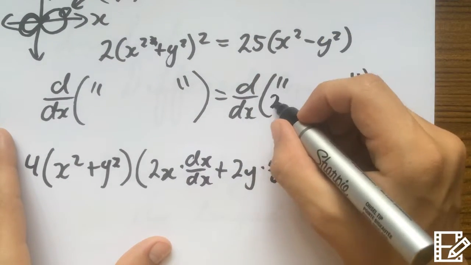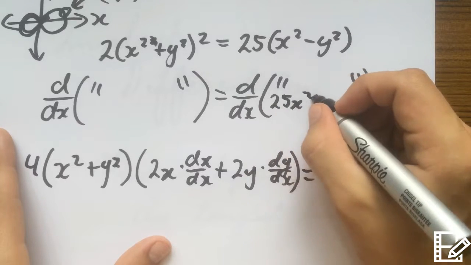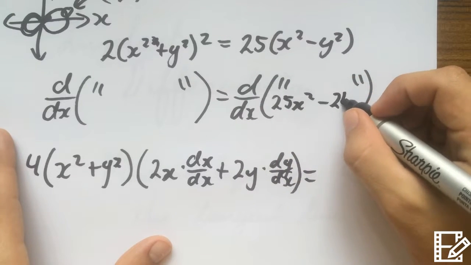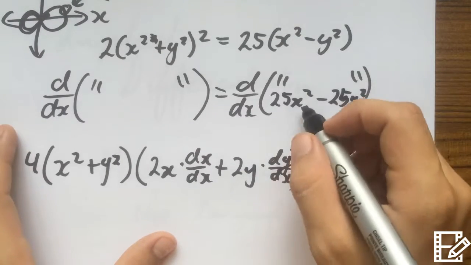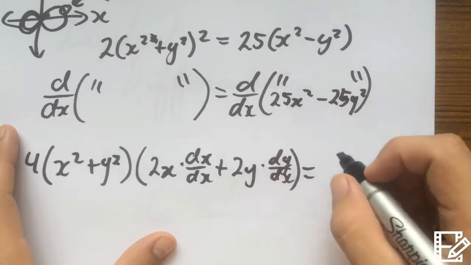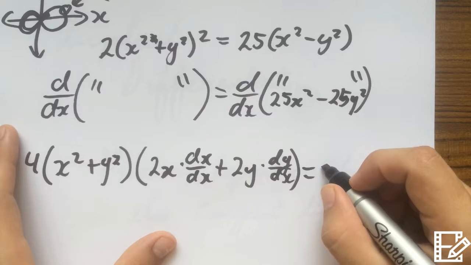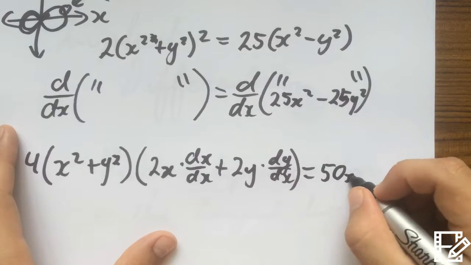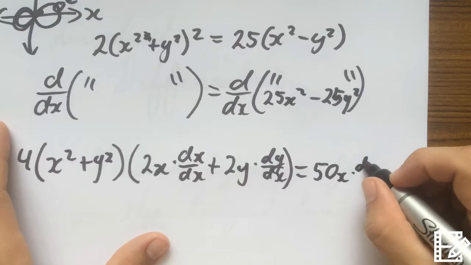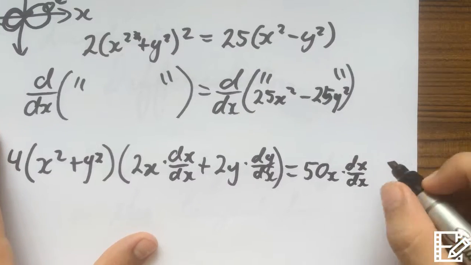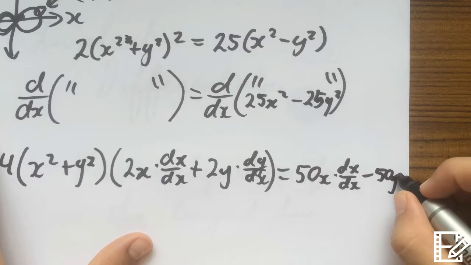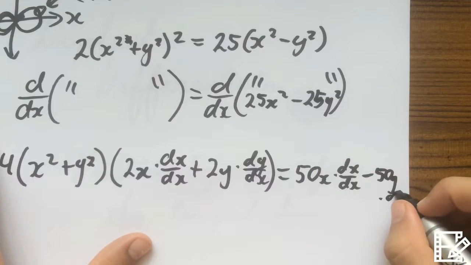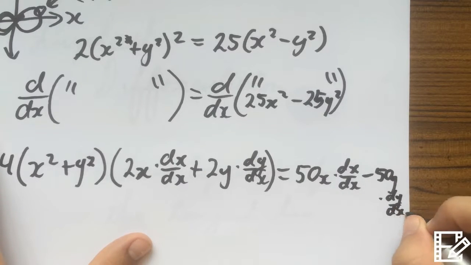over here it's going to be 25x squared minus 25y squared. Okay, so to derive that, we're going to have 50x multiplied by dx over dx minus 50y multiplied by dy over dx.